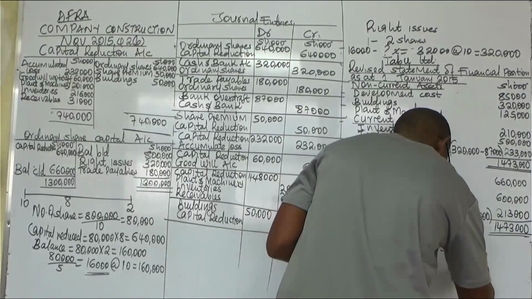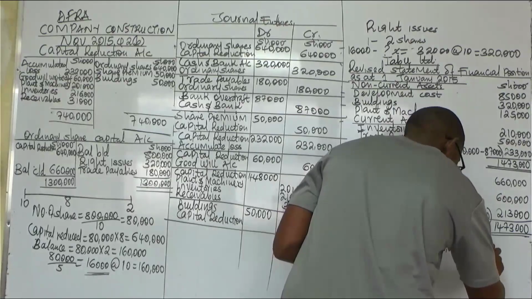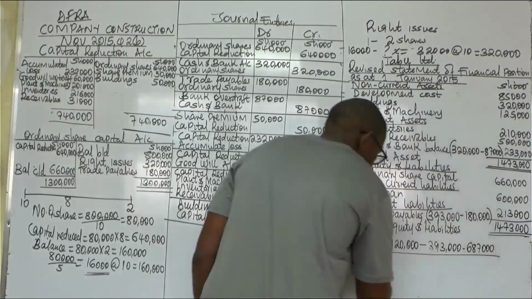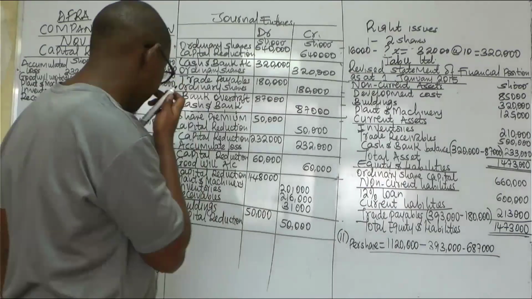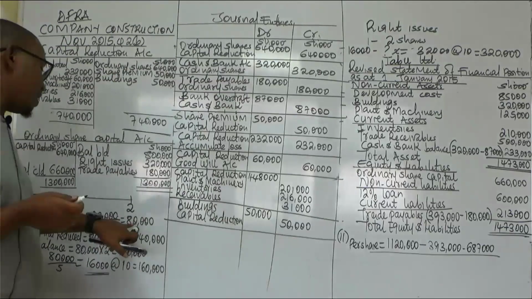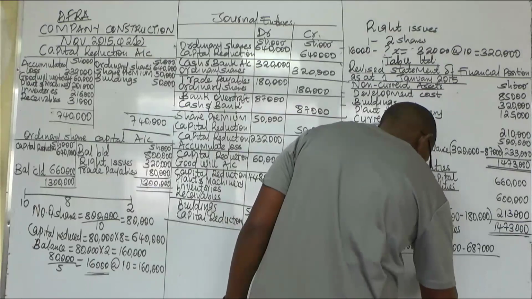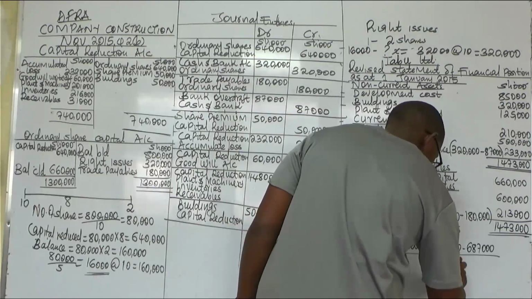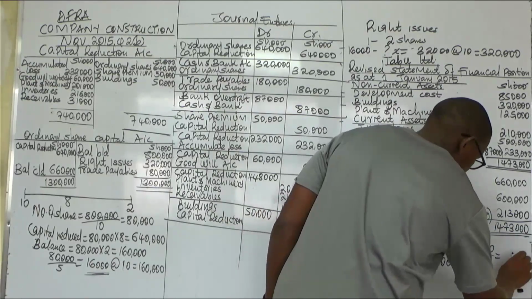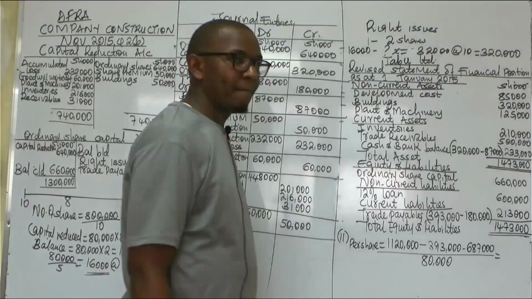Then kuna 687,000. So this is what I will divide by the number of shares. Initially, we know they are having 80,000. So we divide by 80,000. How much each will be able to get per share?